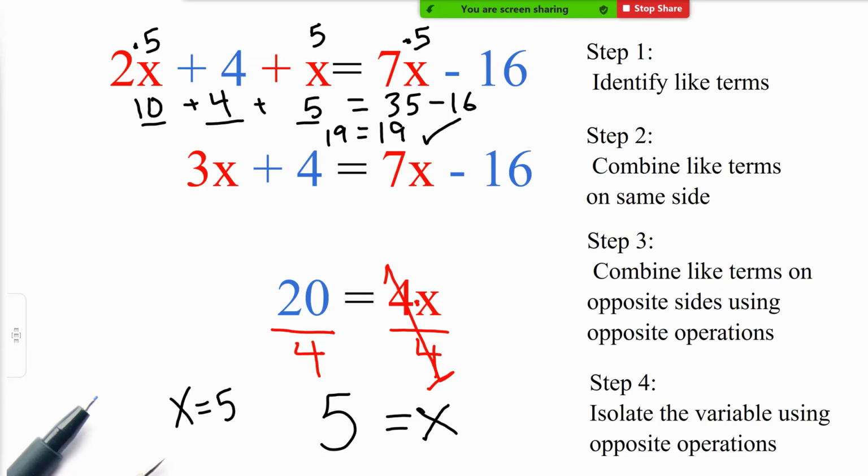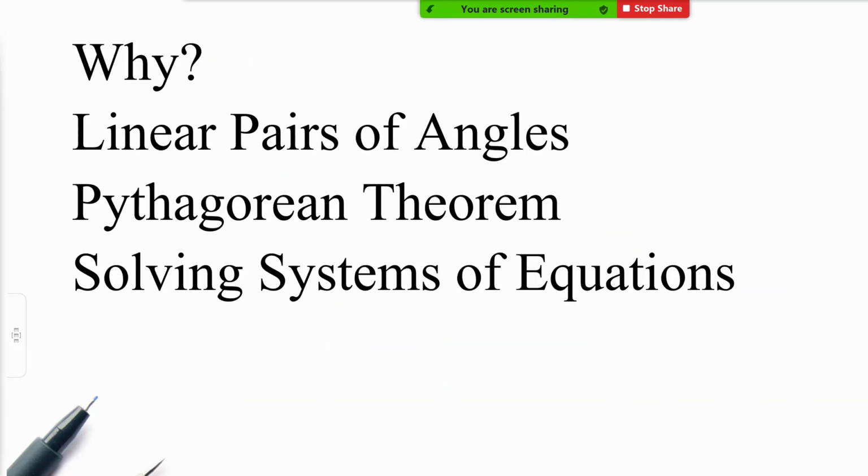Now, this was a 4-step equation that covers almost all of 8th grade equations. If you can do these 4 steps, you understand the majority of equations in 8th grade. But you might ask, Mr. McCoy, why do we need to learn how to solve equations?